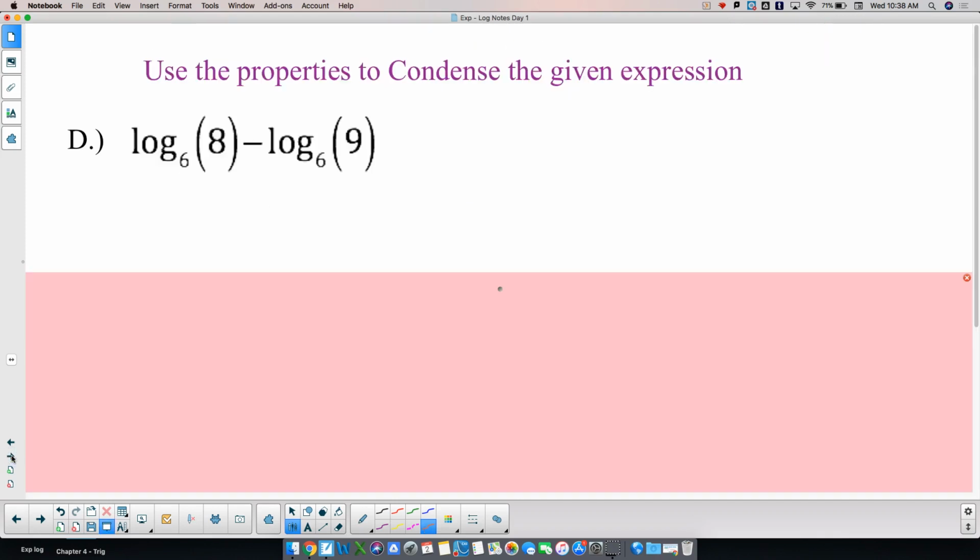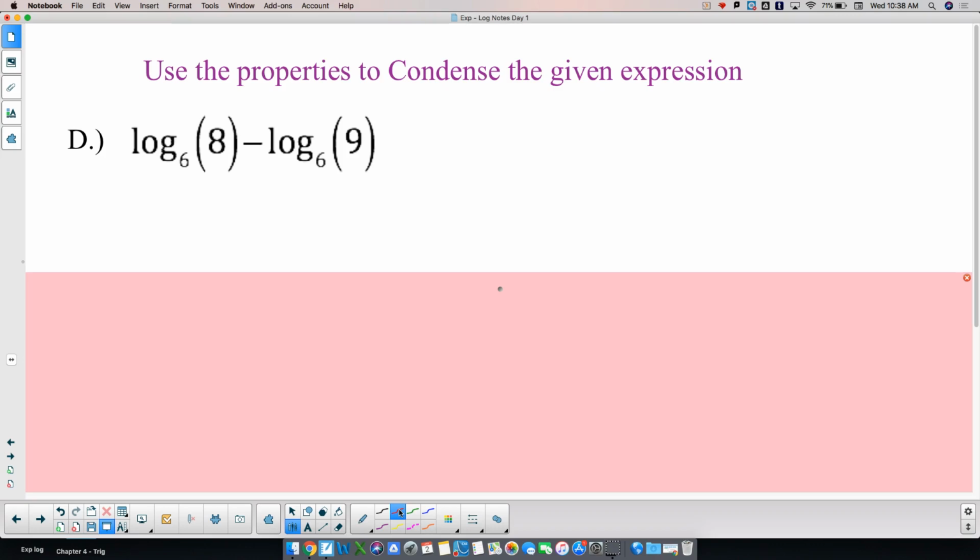Condensing-wise, now we're going to take multiple logs and condense them down into 1. If you're in a condensing problem and you write your answer out, and you write log or ln more than once, you haven't gone far enough, or you've done something wrong. Okay? Because when we condense them, we're going backwards down into 1 log.